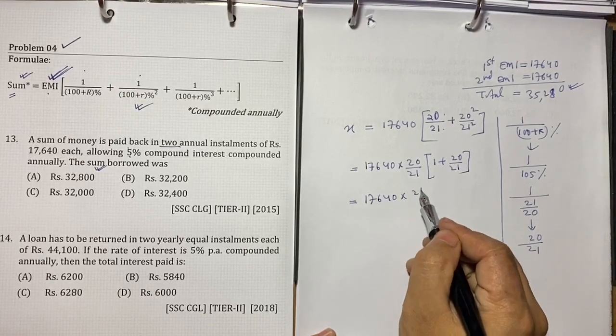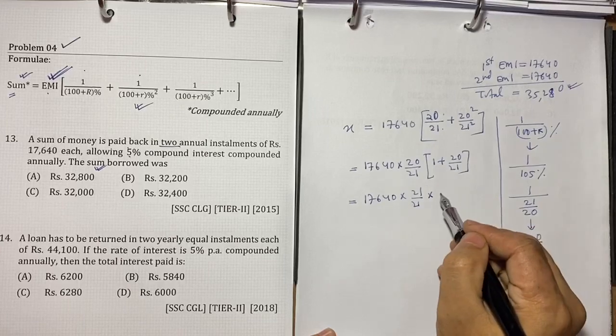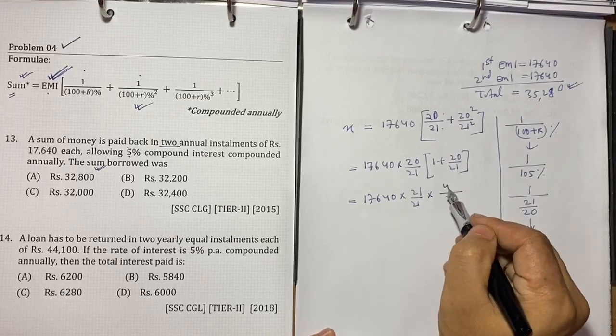17640 into 20 by 21 into LCM 21, this will be 41.